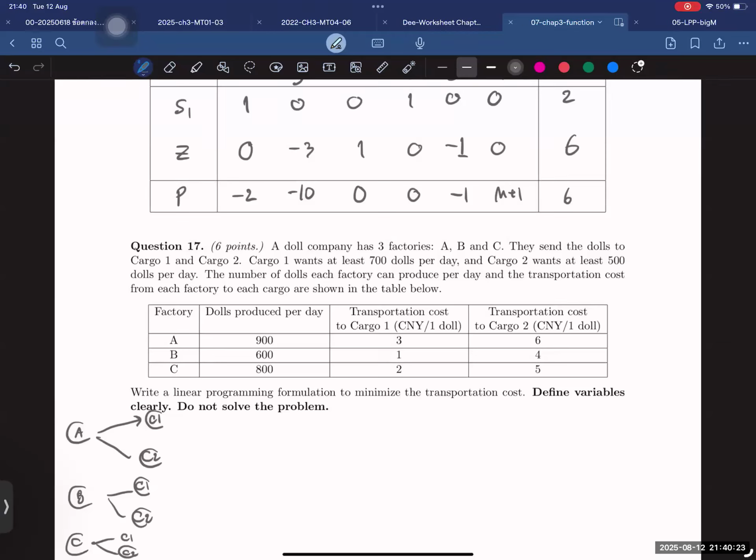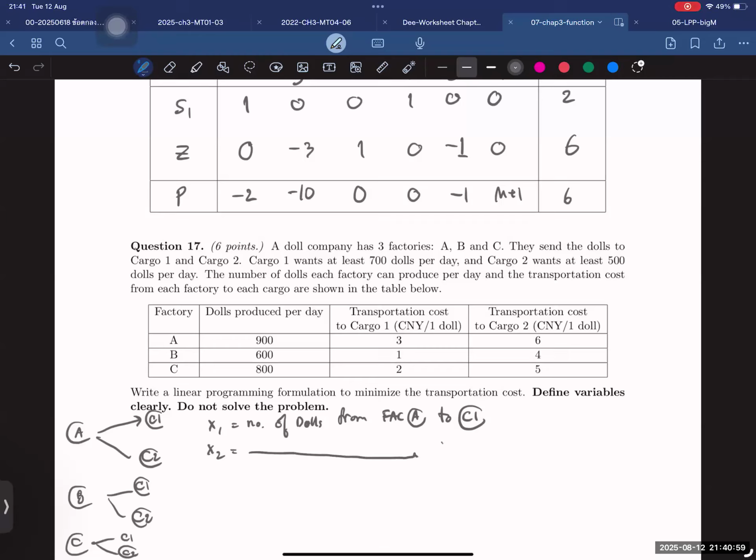Maybe we define x1 as the number of dolls sent to cargo 1 from A, and x2 is the number of dolls sent from A to cargo 2, right? This is from factory A to C1.